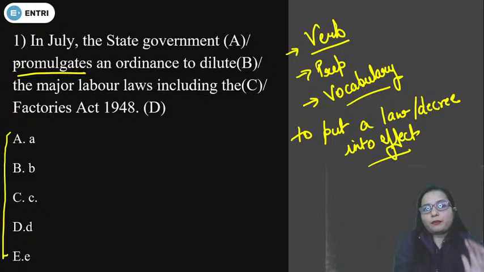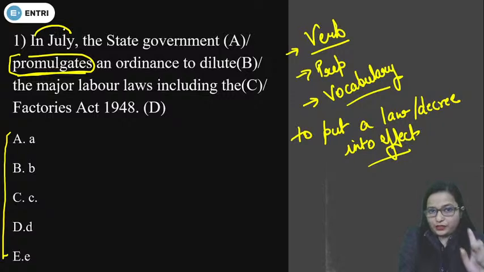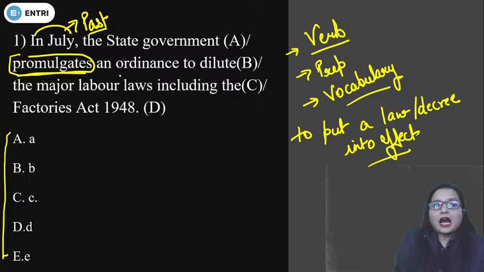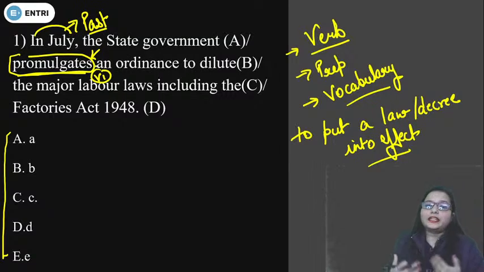So as you can see, promulgates is written here, and here in July is written, right? In July is showing us that something was happening in the past. It is an event of the past, right? And how can we write the first form of the verb here? Because it is used for the present tense, right?